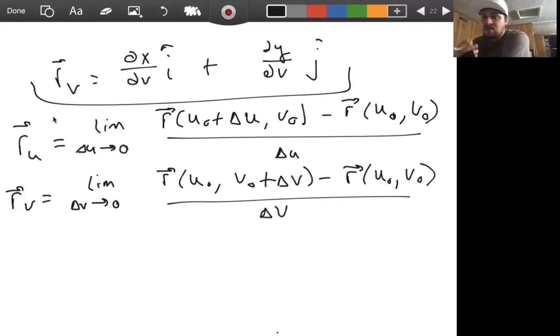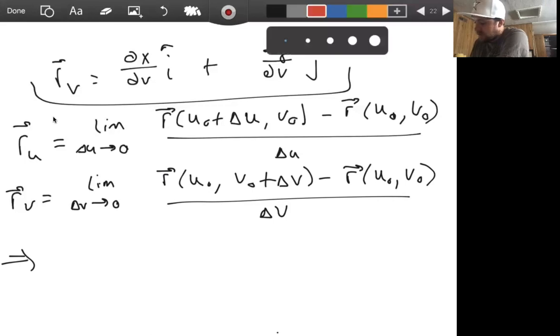And if we're taking these limits as delta v and delta u are arbitrarily close to 0, well, then we get an approximation, right? It's silly, but you could think about multiplying delta u to the other side and then multiplying delta v to the other side.